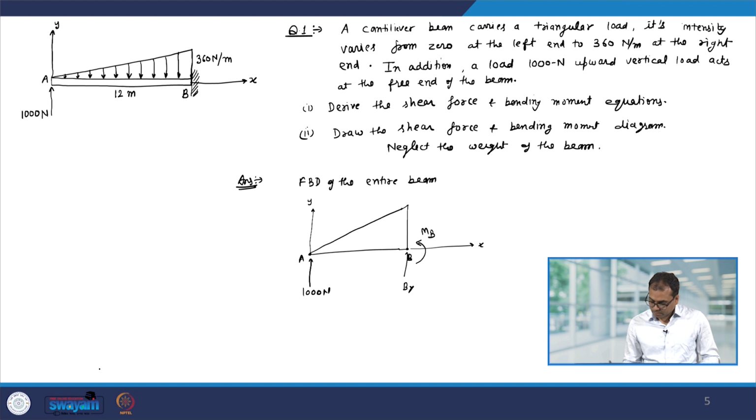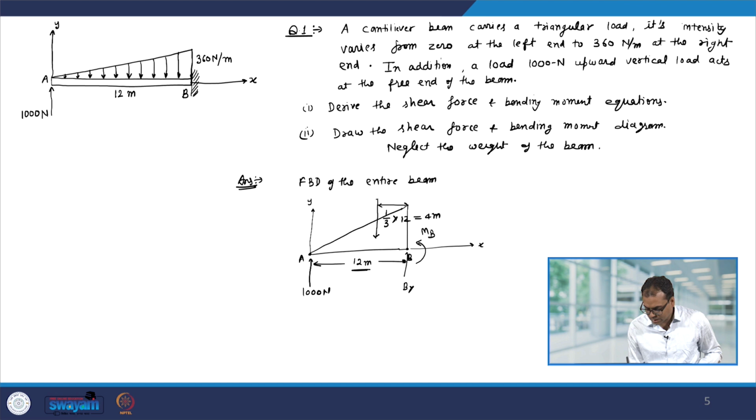Now, we can find out the area under the curve. That will give us the total loading. So, first of all, this is 12 meter. From the right hand side, it is going to act at a distance of 1 by 3 of the base. So, this is 1 by 3 into 12 meter equal to 4 meter.